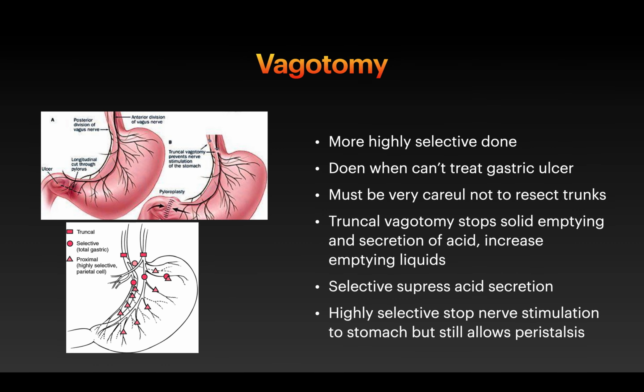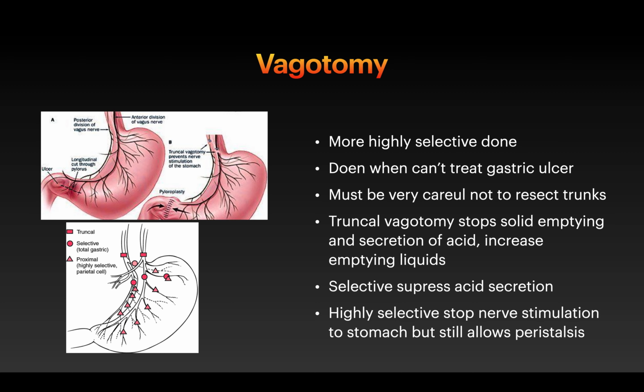The vagotomy is the resection of the vagus nerves, and there are 3 different types, but the most common one is the highly selective. You do it usually when the gastric ulcer is almost permanent and you can't really treat it no matter what.